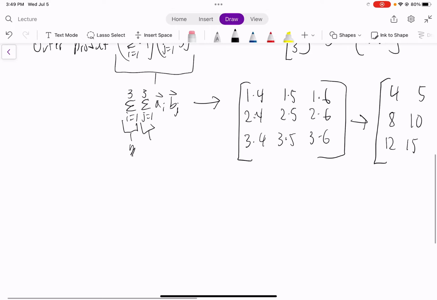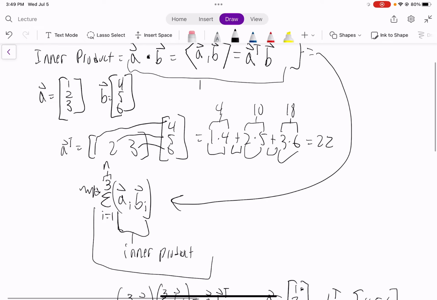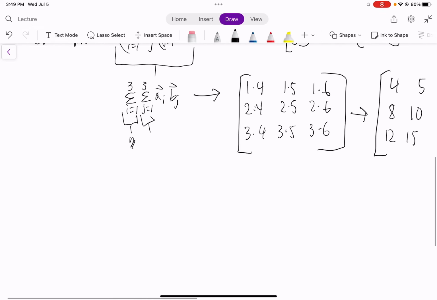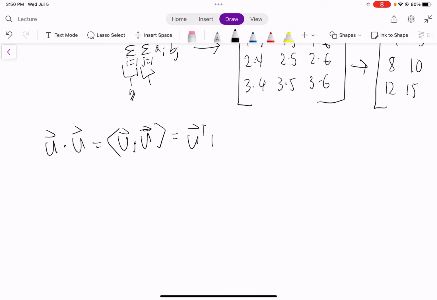What happens to make it even more clear, okay? Let's make, instead of A and B vectors, let's make an A vector just A. Actually, let's make it U. U vector, okay? U vector dot U, or U vector like this, like an inner product, or U vector transpose U vector, okay?